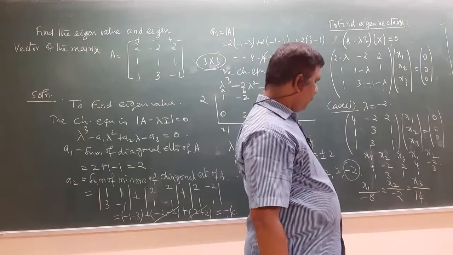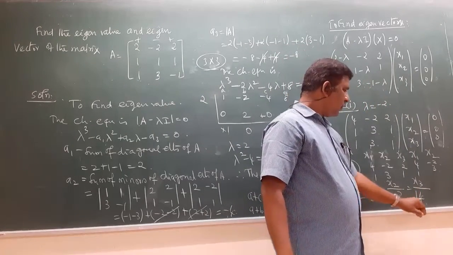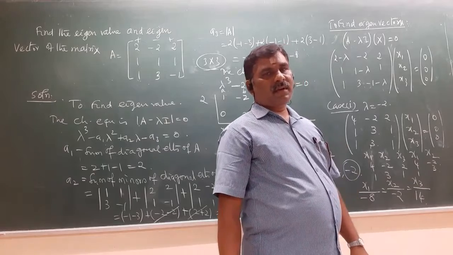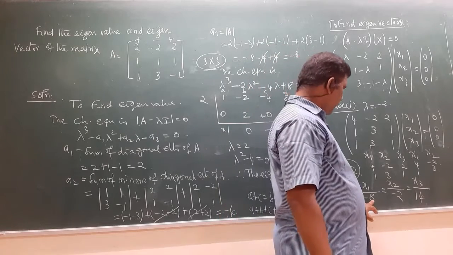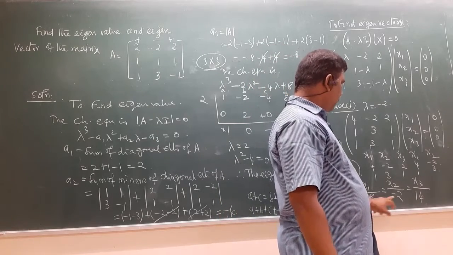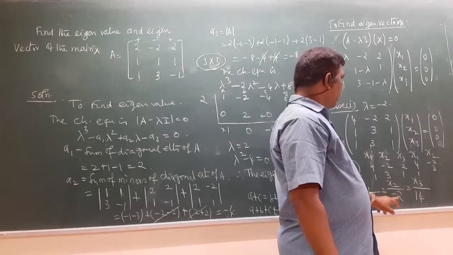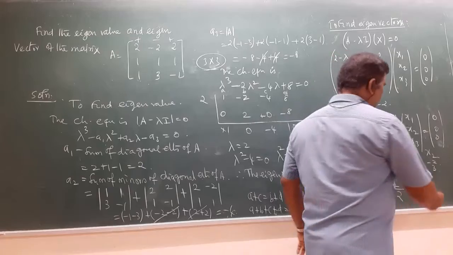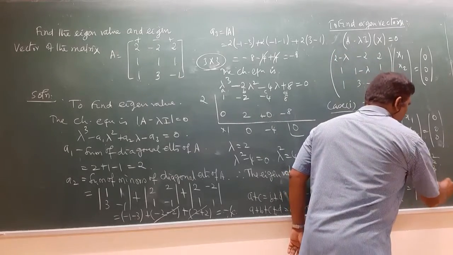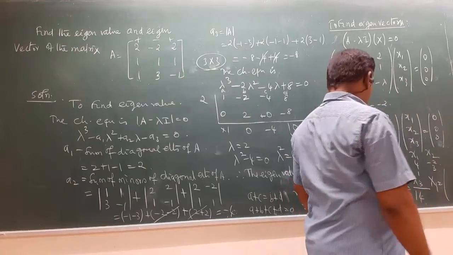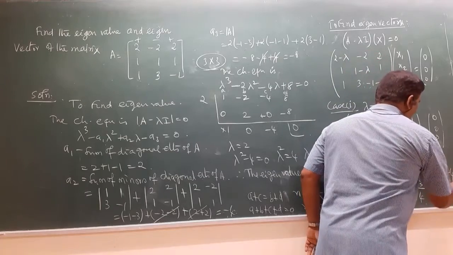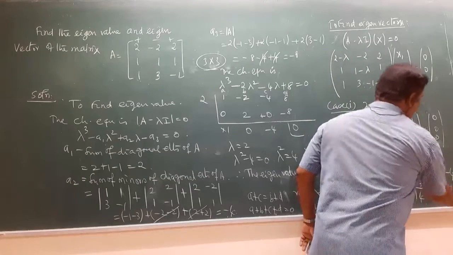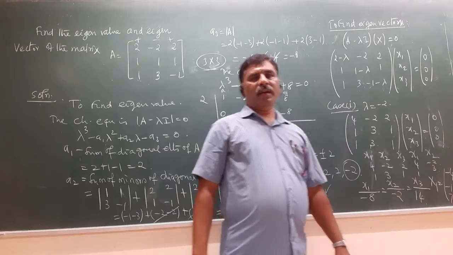So what is the ratio? Minus 8, minus 2, 14. That is the eigenvector. If you cancel that with minus 2, then you will get 4, 1, minus 7. That is one of the eigenvectors, x1 equal to 4, 1, minus 7. It is one eigenvector.